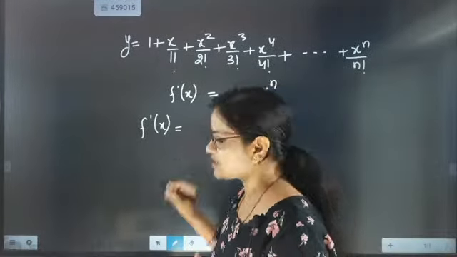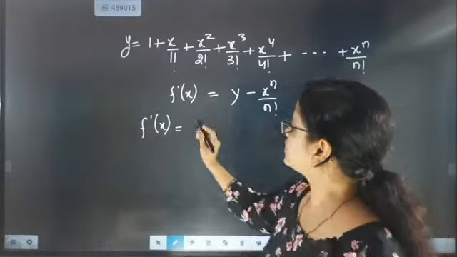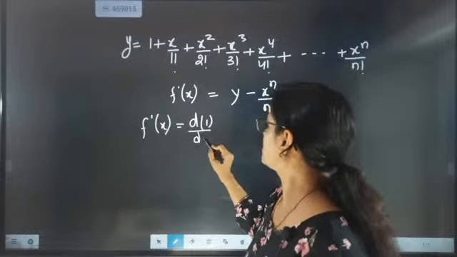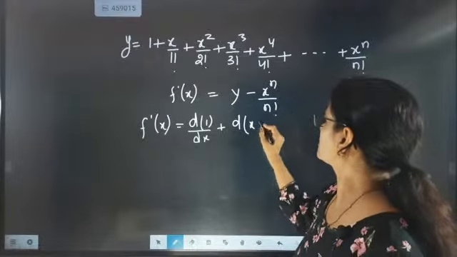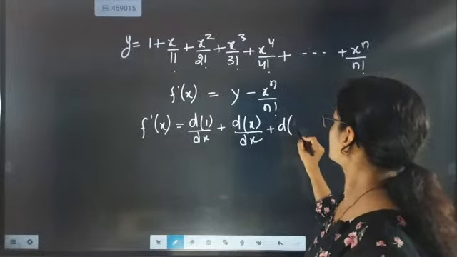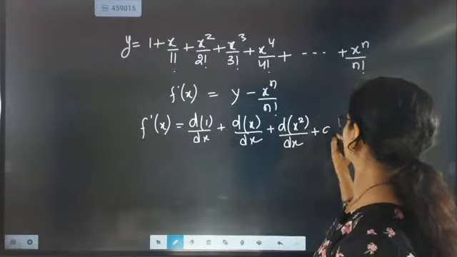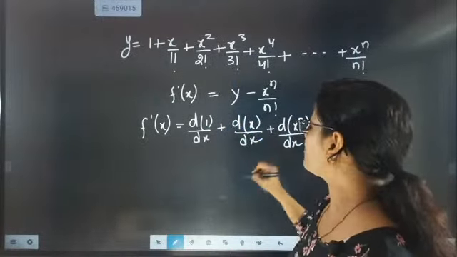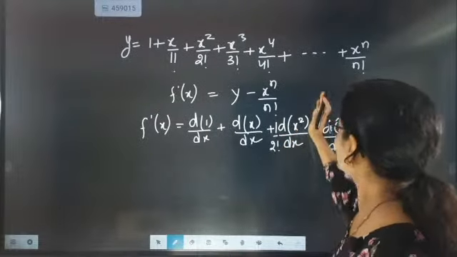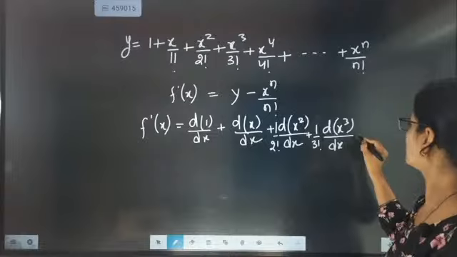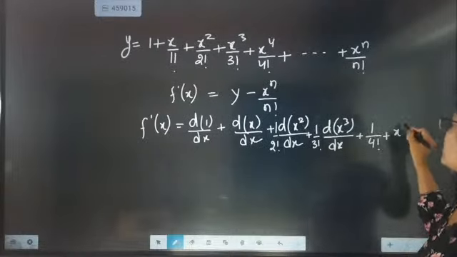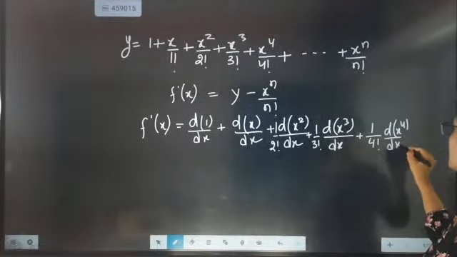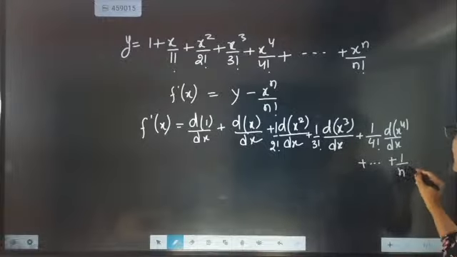It is simple only. f dash x equal to differentiation of 1 dx plus, but here 1 is there, along with 1 here 1 factorial is there, here 2 factorial is there, here 3 factorial, here 4 factorial, and then n factorial.